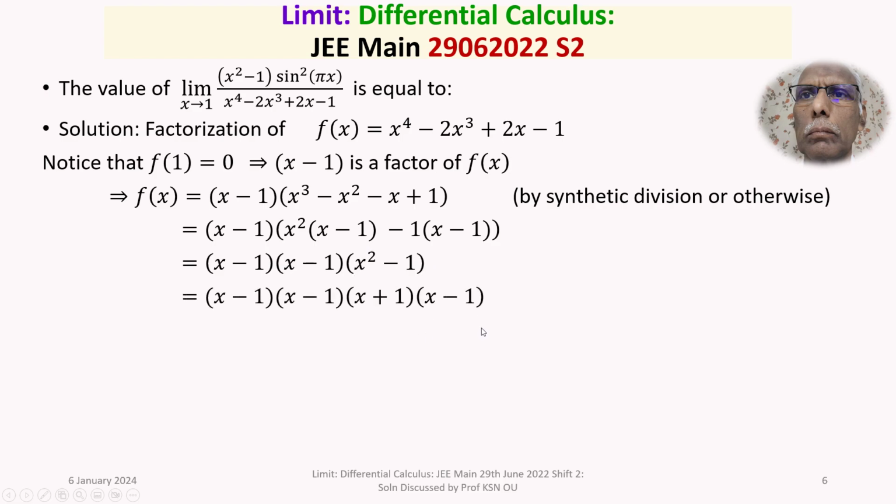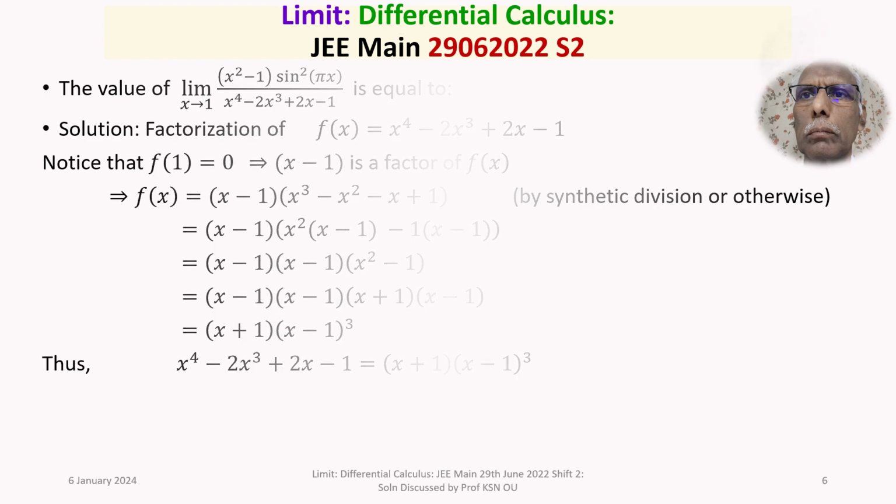Thus you get (x plus 1) into (x minus 1) whole cube. That is the factorization of f(x), which we will use while finding the limit as x tends to 1 of this function. We do it in the next slide.